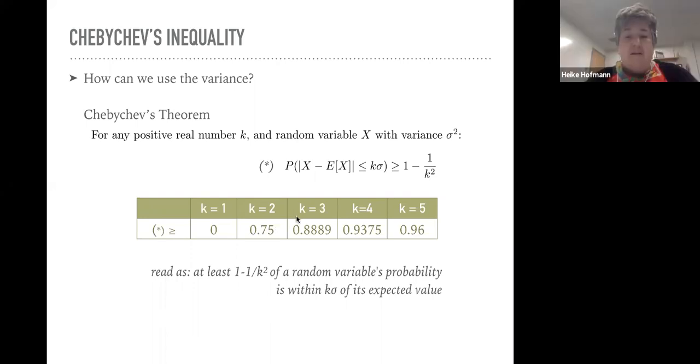Similarly, if we expand on the number of sigmas that we will allow, we can raise the probability quite considerably. So for any random variable that we know, literally any, we know that 96% of the probability are within 5 sigma of the expected value.